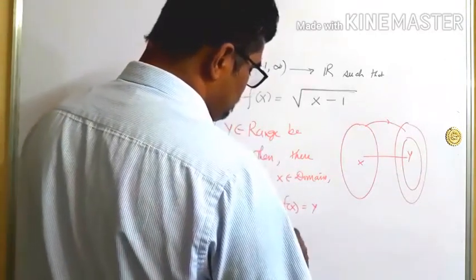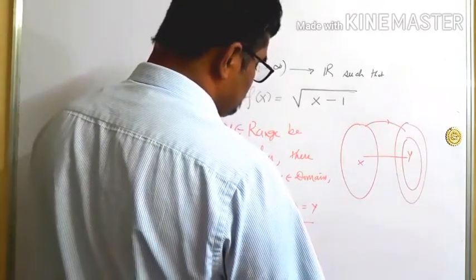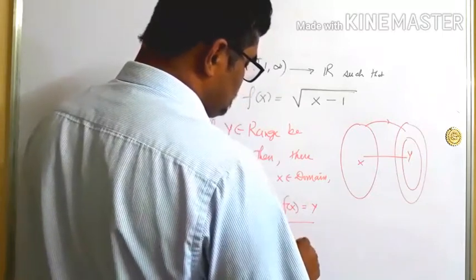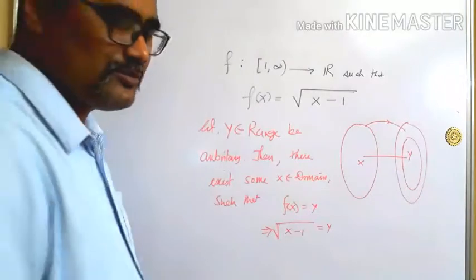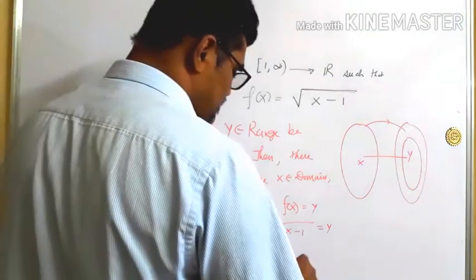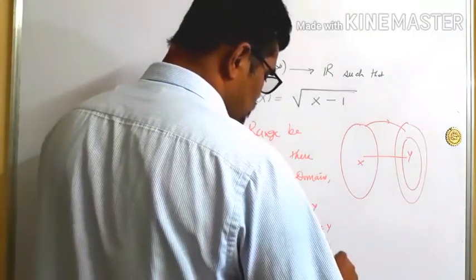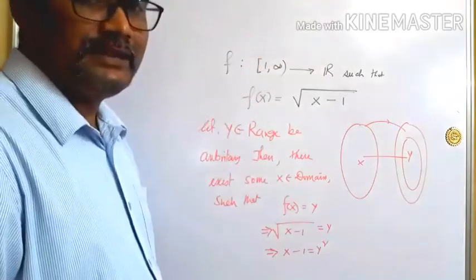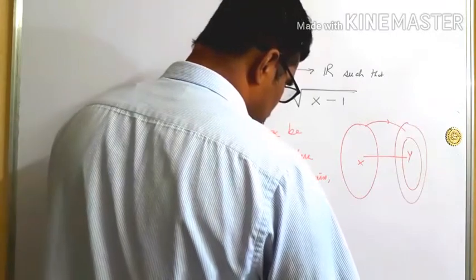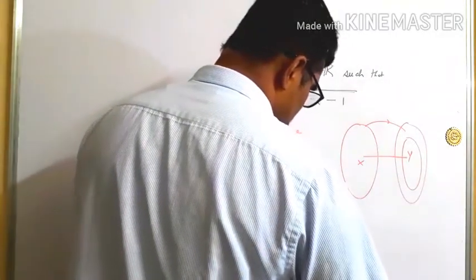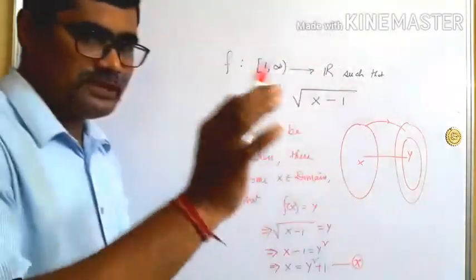Then your next step is to write the function, square root of x minus 1 equals y. What was the next step? You have to find what x is. So you square it and then write x. x will be y squared plus 1. This is a very, very crucial point.